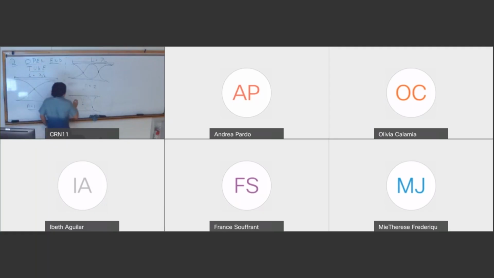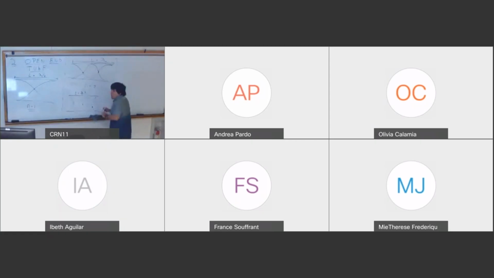Here, the length is 3/2 of the wavelength. So we have here 1/2, 1, 3/2.